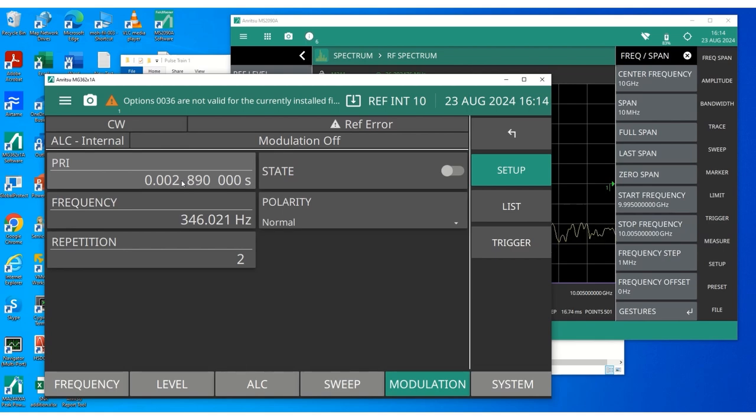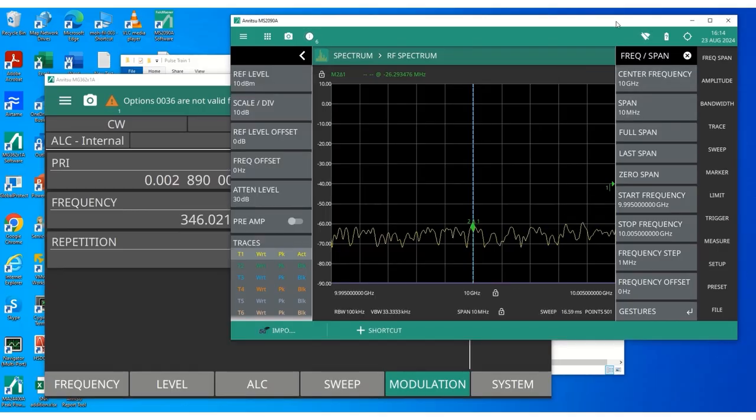So as long as you set this PRI number to something larger than 2880, it should be good. That's a valid number. So I have set 2890 here. Let's go with that, and then enable the pulse train. Now let's go look at the spectrum.